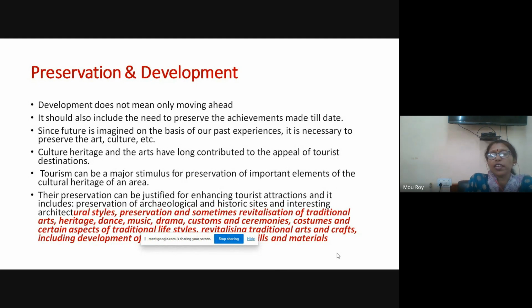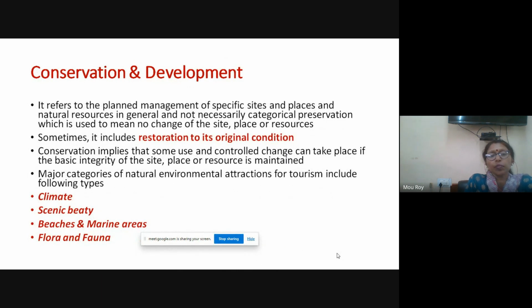You can also say that I am moving ahead, but on the other side, you also need to preserve those. Now, conservation and development, okay, it basically refers to the planned management. We are all talking about how to preserve, how to conserve.